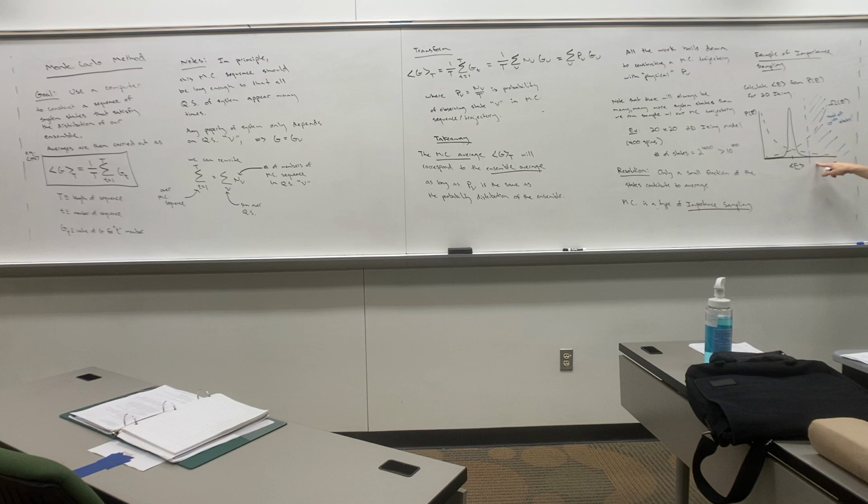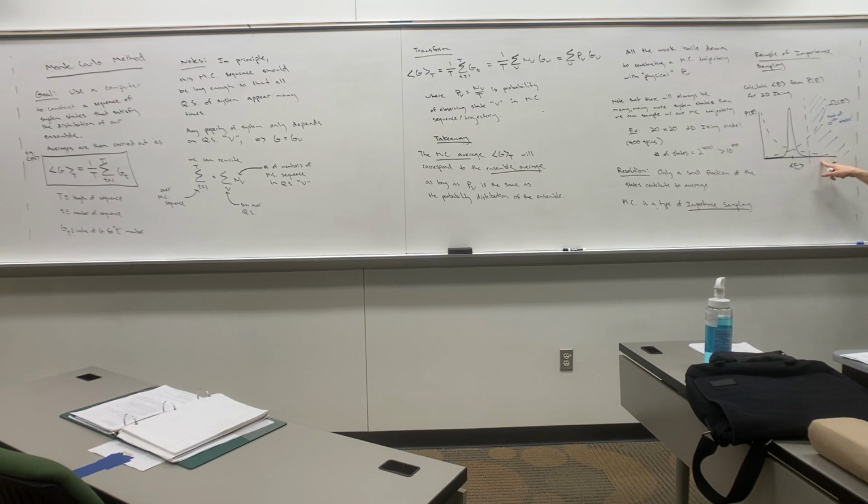They're not going to contribute to the average because their energy is too high. The exponential decay kills them off. There are a lot of states, but the exponential decay, e to the minus beta E, kills off their contribution. Does that make sense? That's an important point.